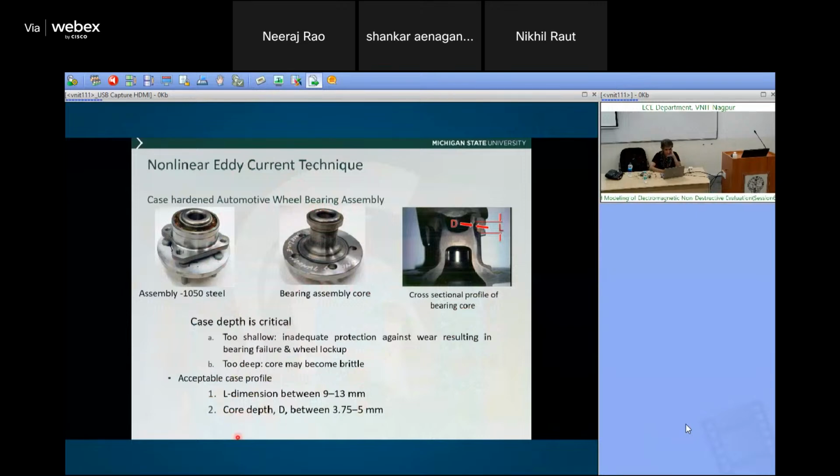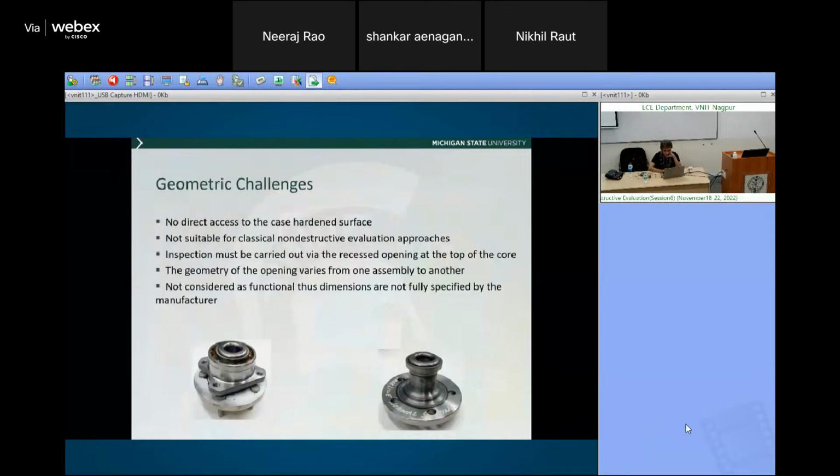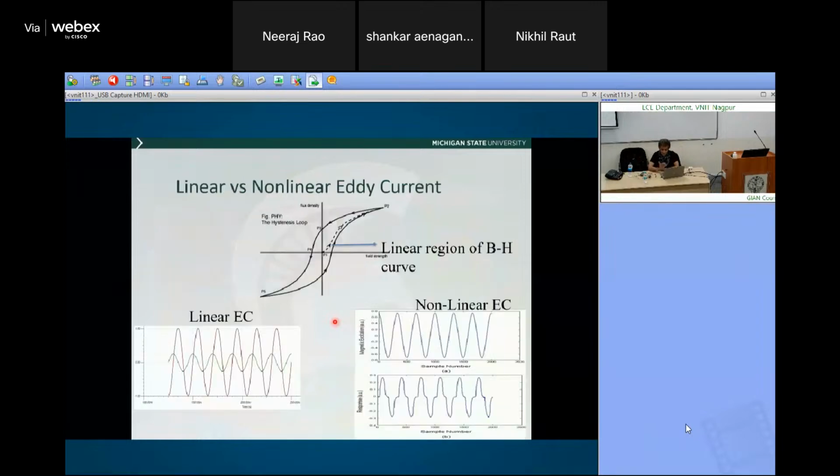So the acceptable case profile is given over here. So what we defined, because it is magnetic, what we did is we looked at an eddy current method, but we used the nonlinear portion.